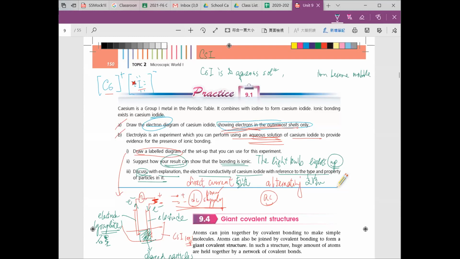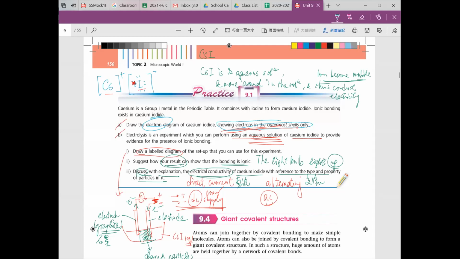Because of this, the mobile ions can move around in the solution, and thus we call it conducting electricity.